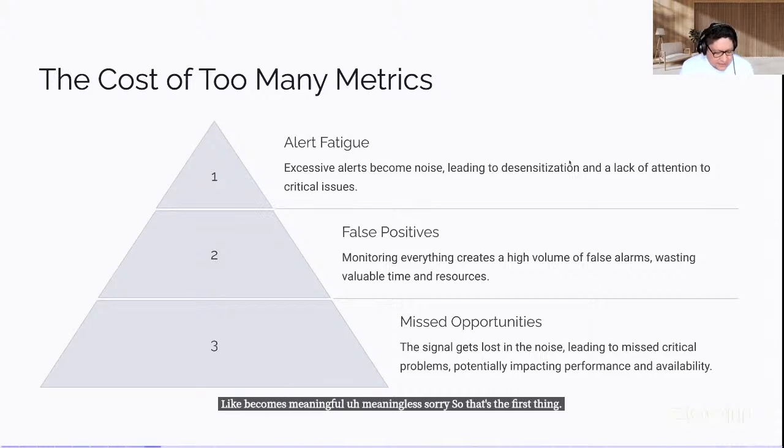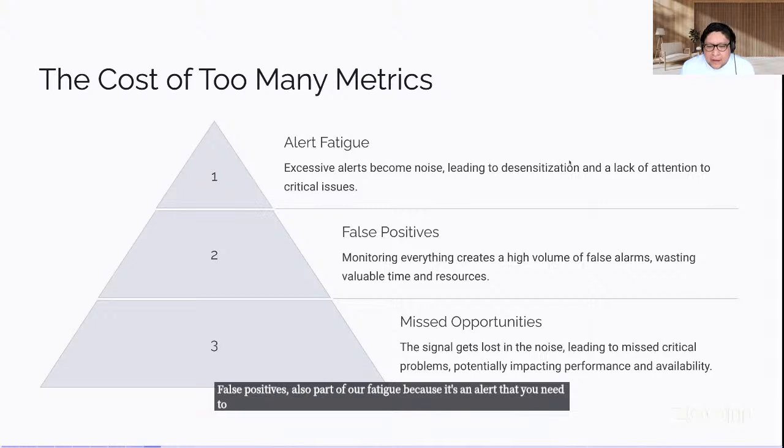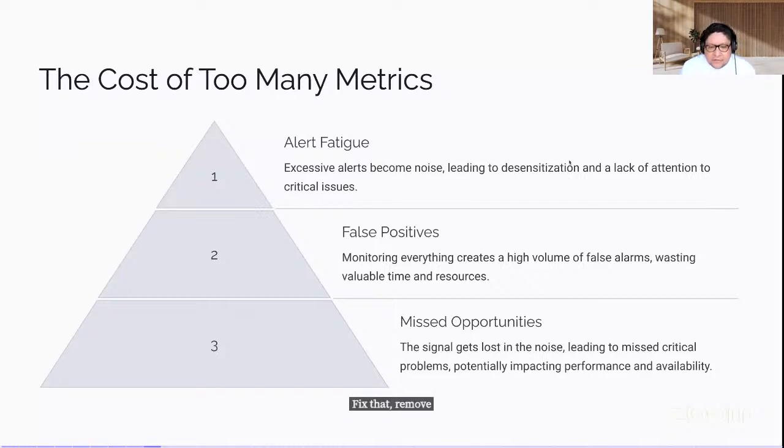False positives, also part of alert fatigue, because it's an alert that you need to address, right? You need to figure out what's going on, if it's really something that's happening. When it's a false positive, you have to fix that, remove that, whatever, do something like that.